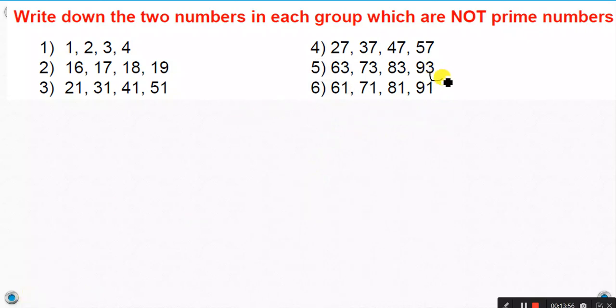And again, 93 is also divided by 3, 31, and by itself, 93. So it has more than two factors. But 73 and 83 have exactly two factors, itself and 1. So the answer for this question is 63 and 93.